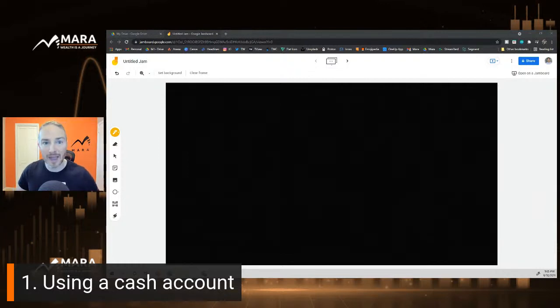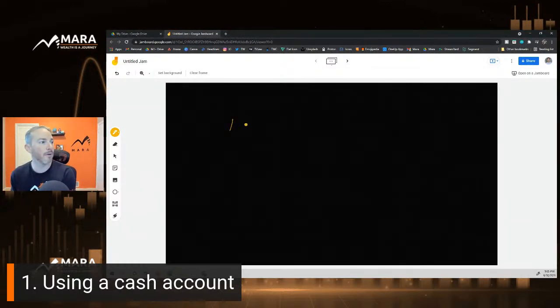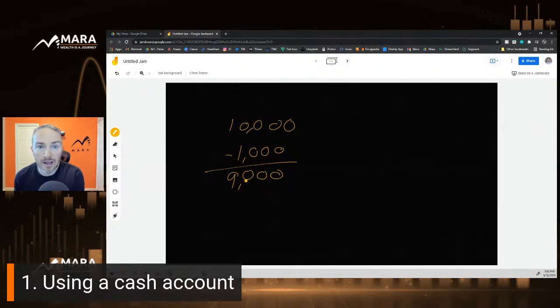And what ends up happening when you have a cash account is, let's say you're starting out with $10,000, right? You're under the PDT rule. Your first trade is, let's say you're using $1,000, right? So now you only have 9,000 left to use on the day. The reason why is because it takes time to clear it.